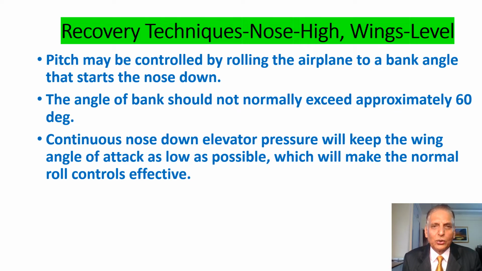Pitch may be controlled by rolling the airplane to a bank angle that starts the nose down. The angle of bank should not normally exceed approximately 60 degrees. Continuous nose down elevator pressure will keep the wing angle of attack as low as possible, which will make the normal roll control effective.